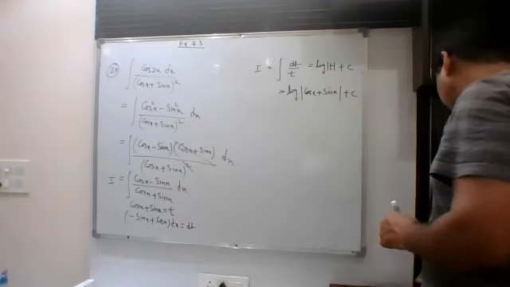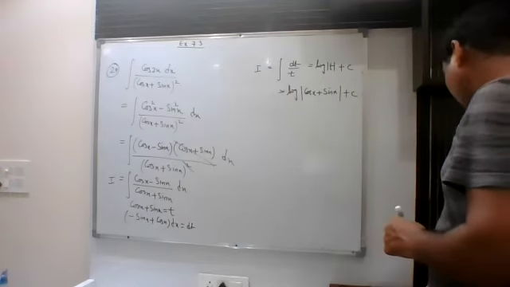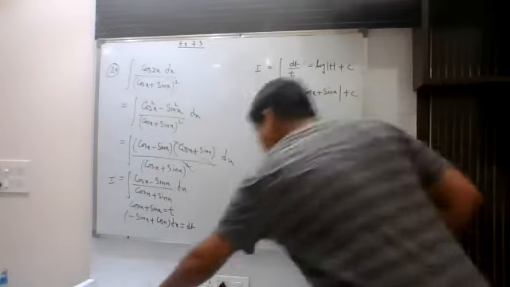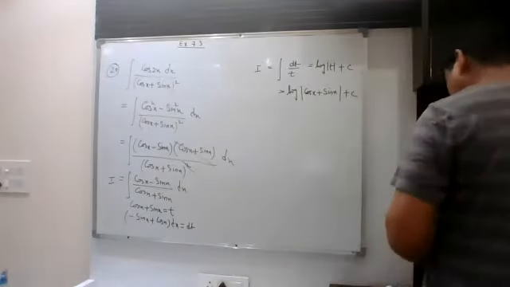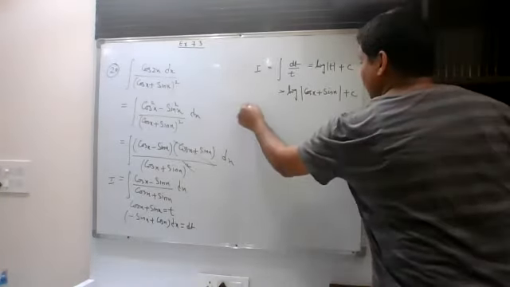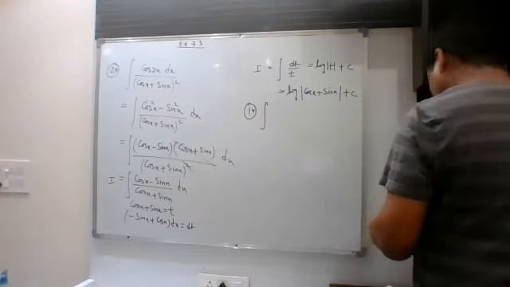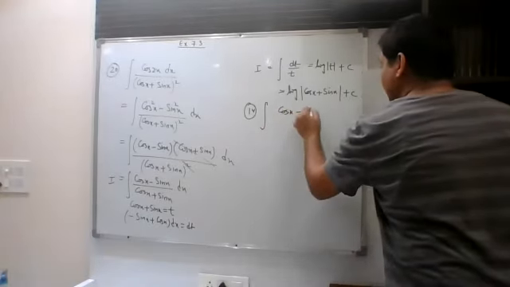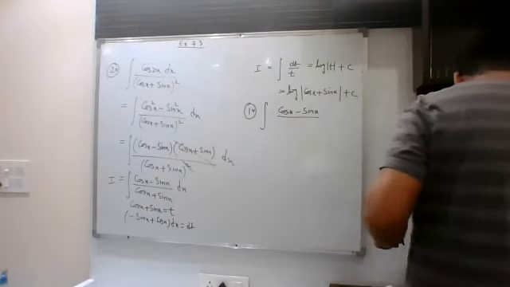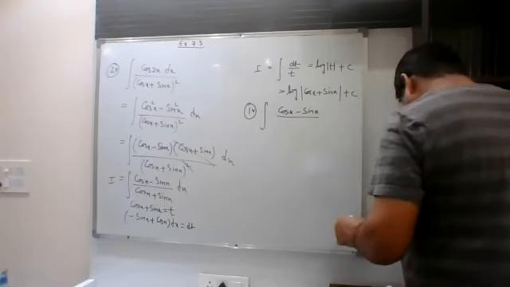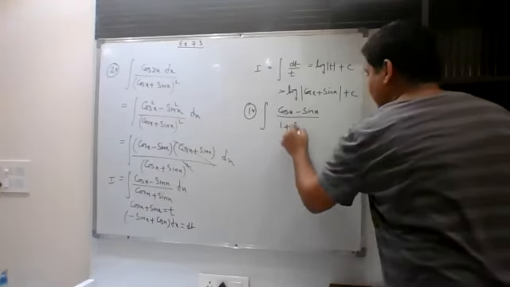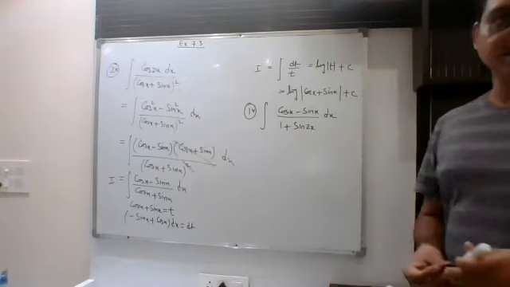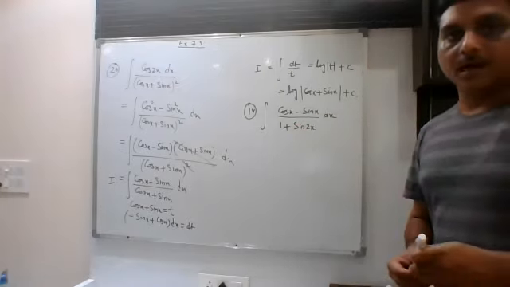Now after this, you can write down question number 14. The 14th question is the integral of cos x minus sin x upon 1 plus sin 2x.